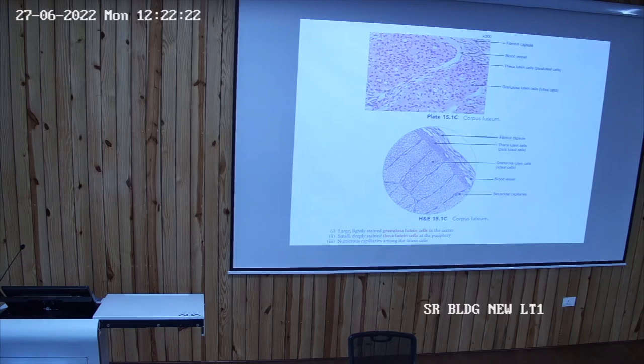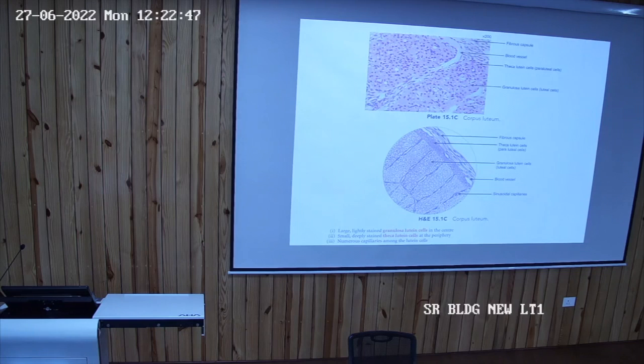If you see the previous diagram, the granulosa cells and the stromal part. The stromal part is dividing into the extra granulosa and inner granulosa.